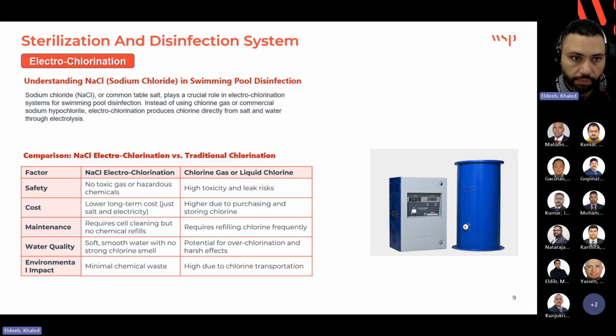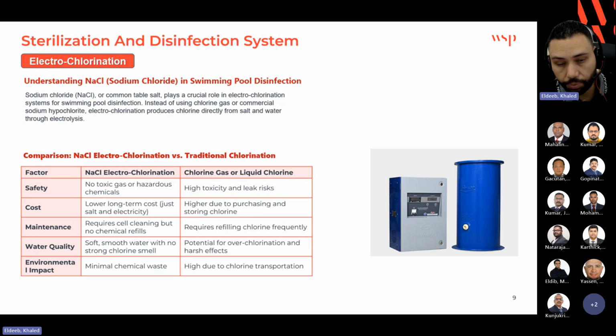So how does it work? First, we have to do salt dissolution. We put in the salt. The chemical name of the salt is sodium chloride. We mix it with the water to create a brine solution. Then the next phase is called the electrolyze process. The brine that we created in the first stage, we pass it through an electrolytic cell where electric current breaks down the salt solution to produce sodium hypochlorite, the liquid chlorine.